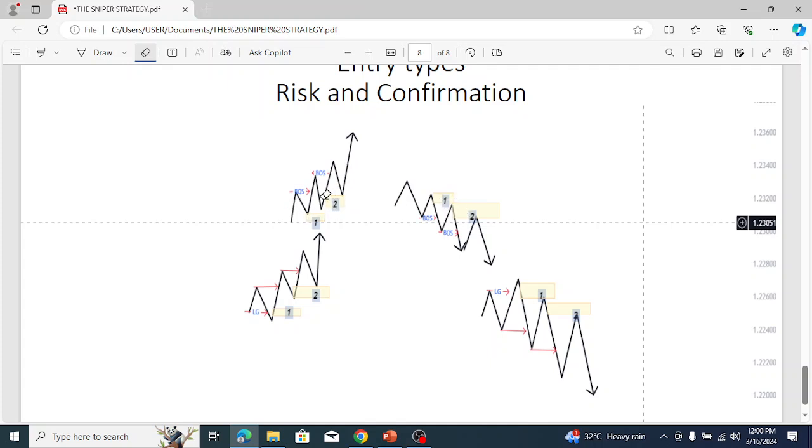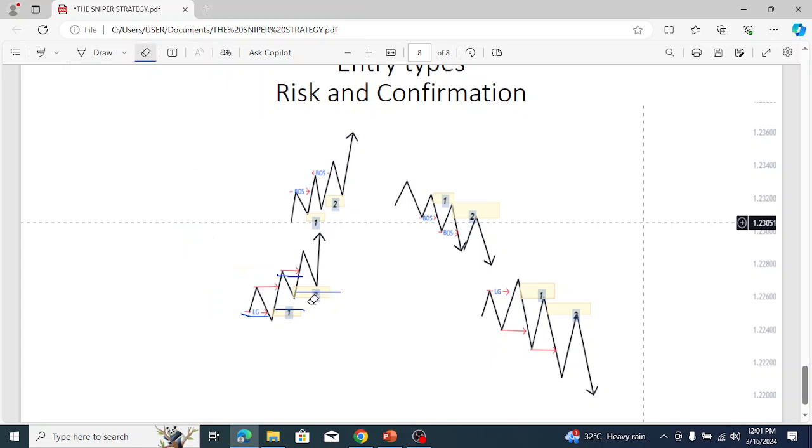This one here doesn't grab liquidity, but this one grabs liquidity. You take out this low first. Remember, this market was in a downtrend, and it took out liquidity, then broke this structure, then a successful retrace that broke a structure. Then you look for your entry pattern at number 1 or number 2.